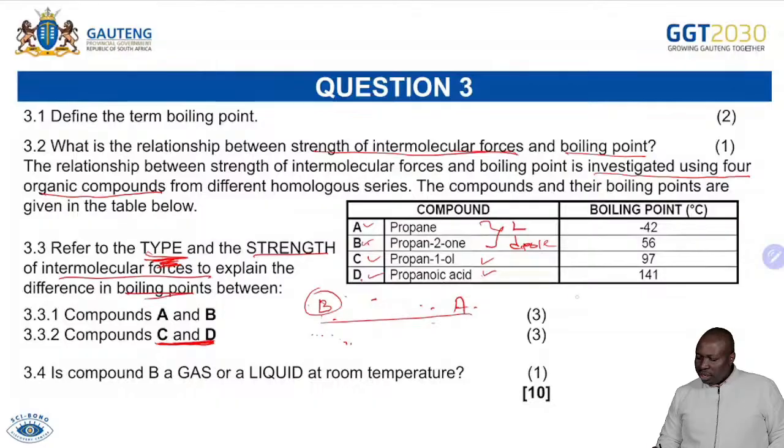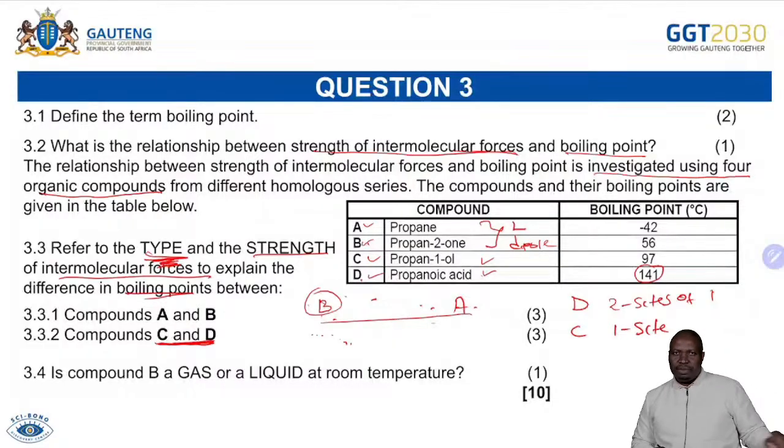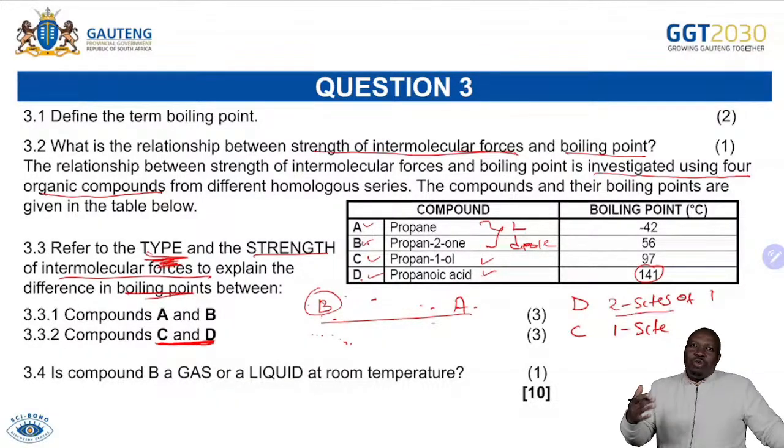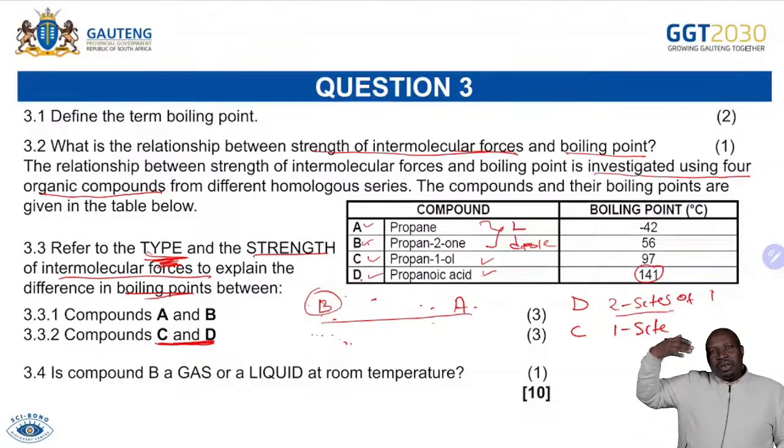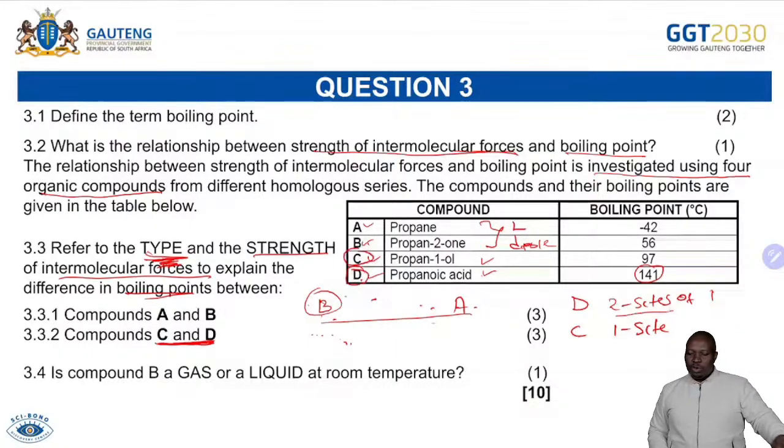Propanoic acid, which is D, has a higher boiling point. Why? Because D has two sides of hydrogen bond, and C has one side of hydrogen bond. That's the first mark. Then D, with two sides, has stronger intermolecular force than C. The third mark, you say more energy will be required to overcome intermolecular forces in D than in C. With that, you are able to answer your question.